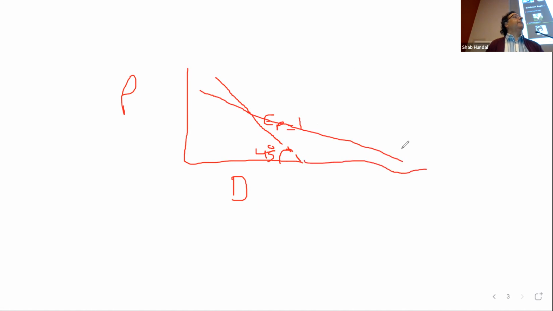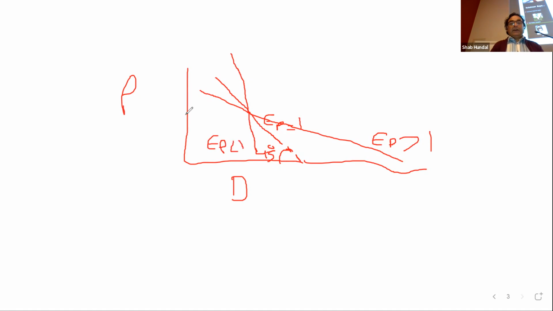And if the demand curve is like this, yeah, means less than a 45-degree angle, then the price elasticity is less sensitive. Sorry, more sensitive. I'm sorry, yeah. I would say it's more elastic. And if the demand curve is like this, a very sharp trajectory, then I would say that the price elasticity is less.